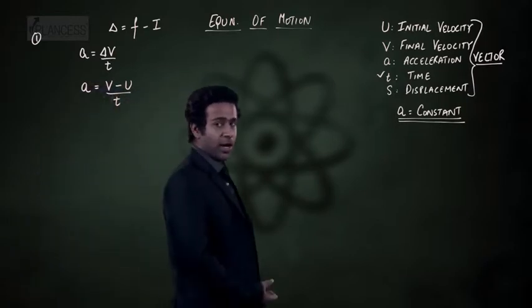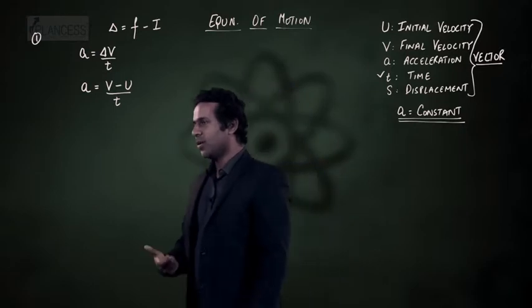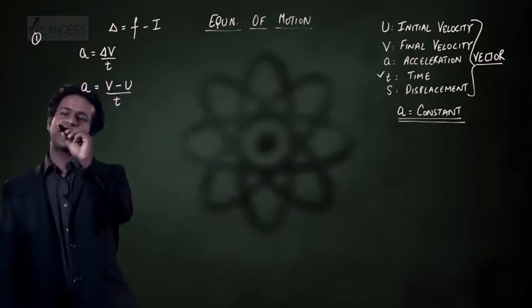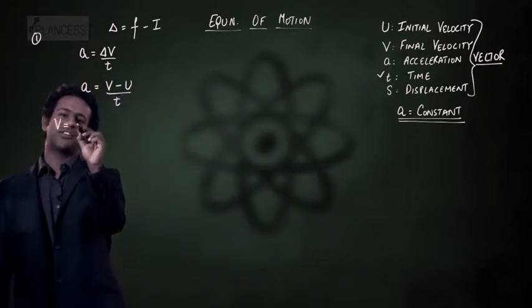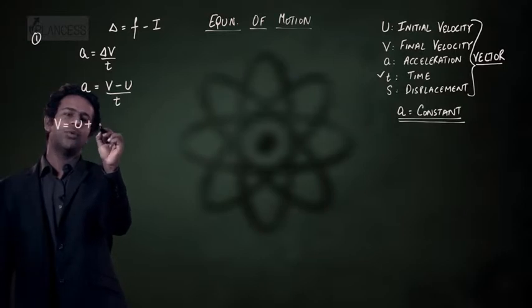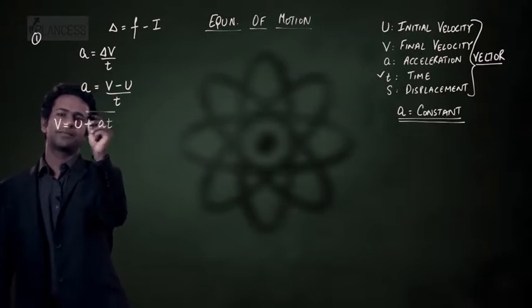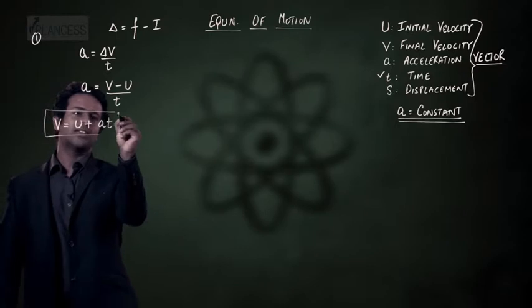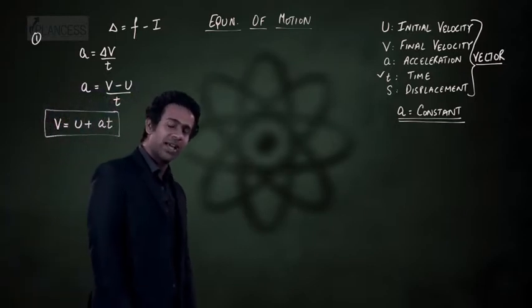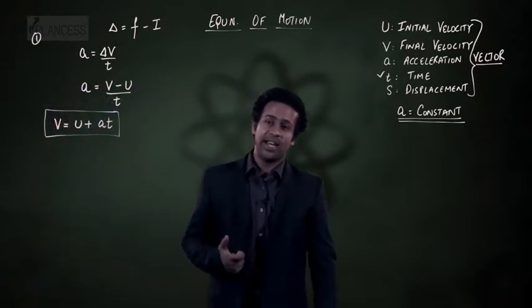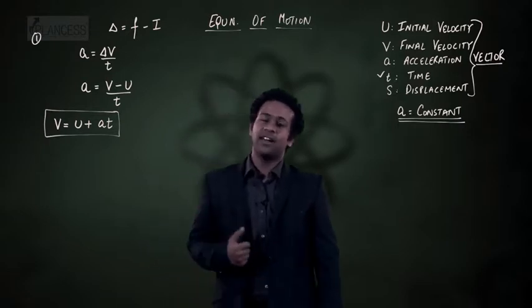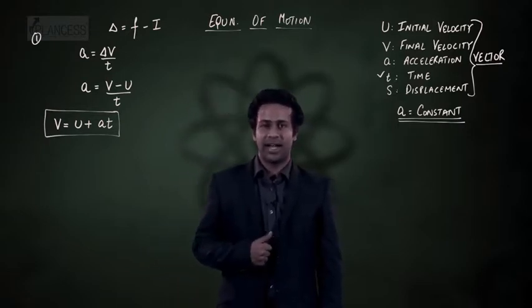Now if you rearrange this equation, you can easily come to the first equation, which is v is equal to u plus at. So this is the first equation of motion, and it relates initial and final velocity through acceleration and time.